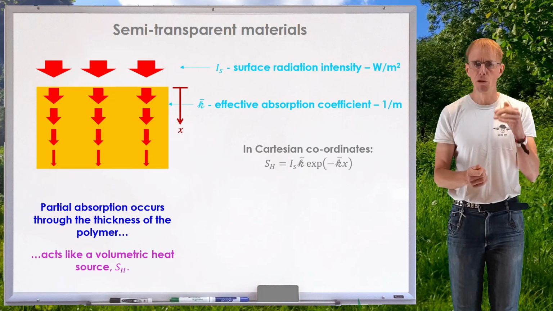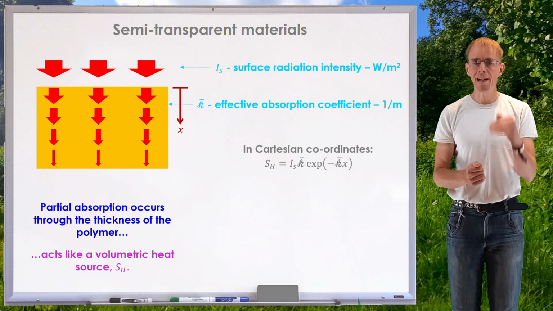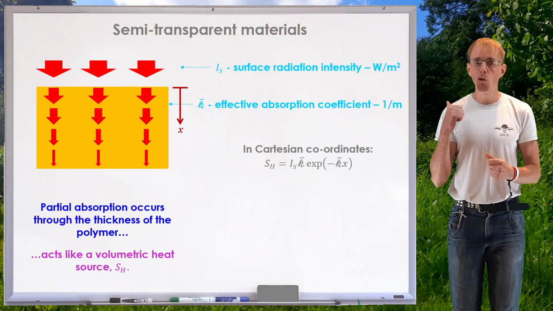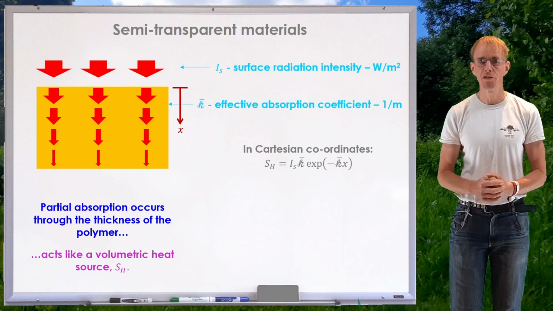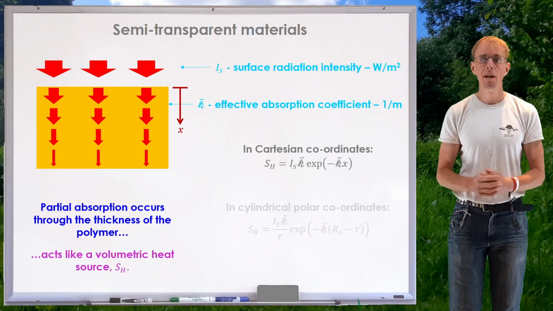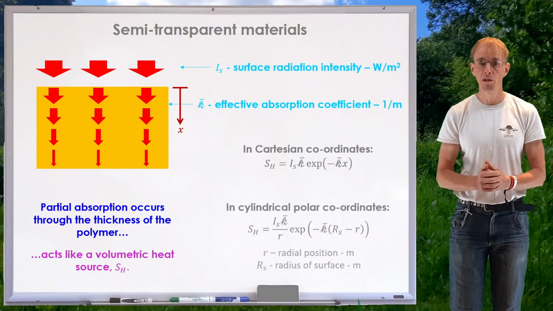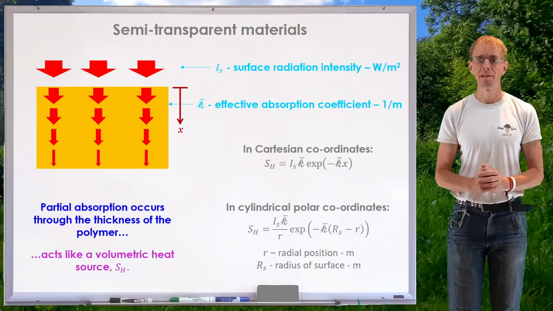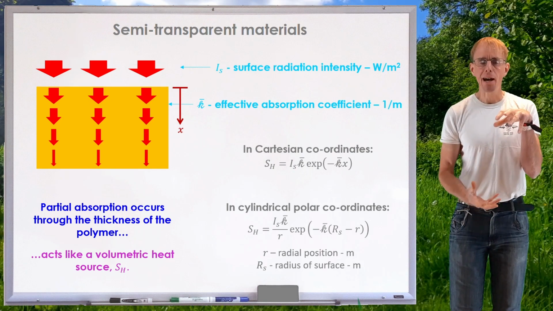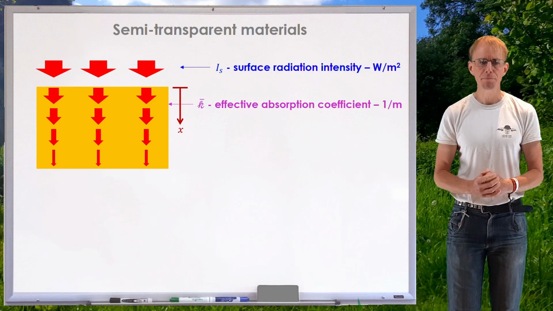So we can imagine if we're solving a radiation problem in 2 dimensions, where we've got gradients in both x and y, we can incorporate this heat transfer mode in the x direction, the thickness direction. In cylindrical coordinates, we end up with a slightly different formulation because of the coordinate system, and there on the board is an expression we can use for that. Okay, so that's how much energy is being absorbed and how to evaluate S sub h.